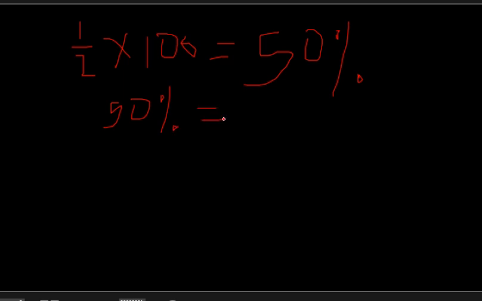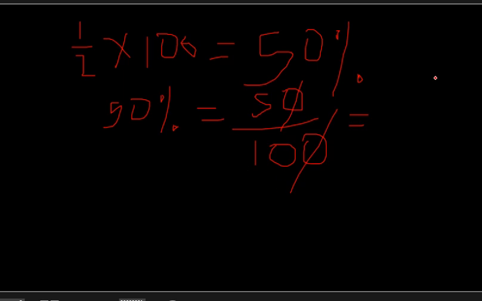Now let's say you want to convert from decimals to percentages. Say 0.25. This is equal to 25 over 100. This is a fraction, isn't it? So when you have 25 over 100, just multiply this fraction by 100, and the hundreds will cancel each other, and you only have 25.